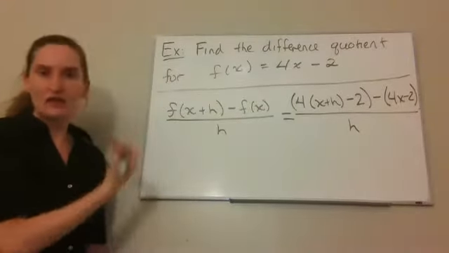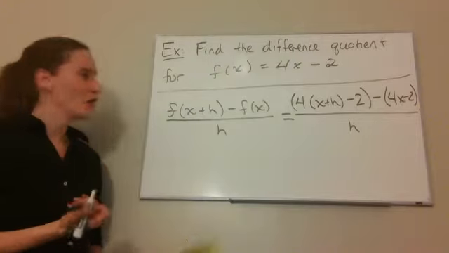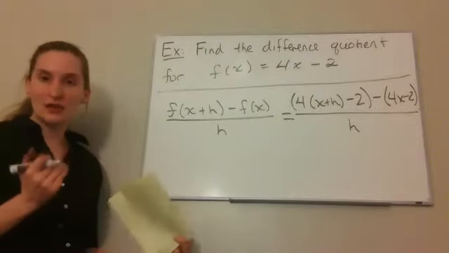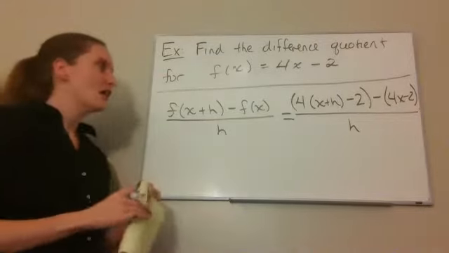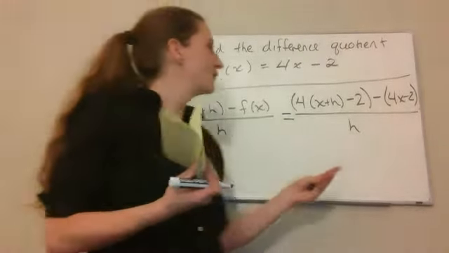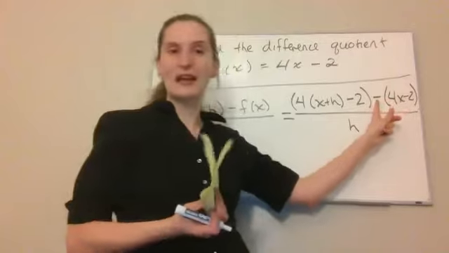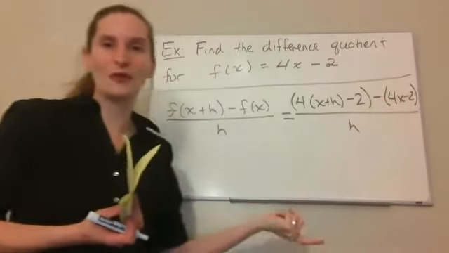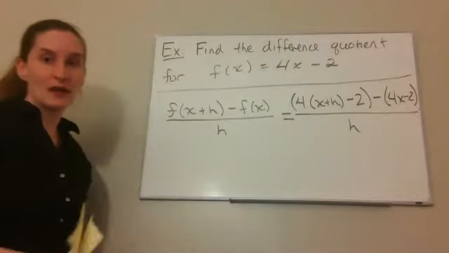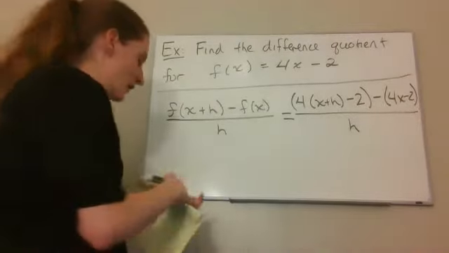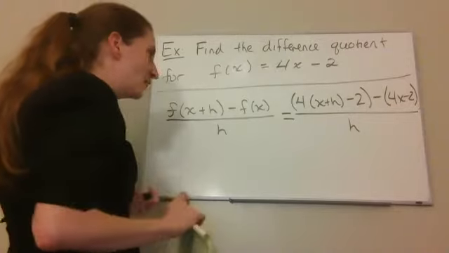Now I would suggest you write it exactly the way I did here. Group your f of x plus h in a set of parentheses and your f of x in a set of parentheses. Otherwise, it's just way too common for people to forget that they're subtracting over here about halfway through their function. So I like to use those parentheses in my first step to make sure I don't lose a negative sign somewhere. Now we can simplify this.